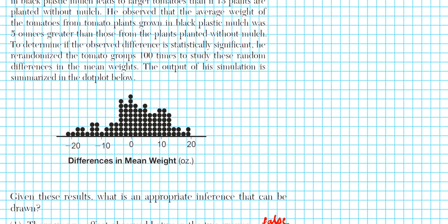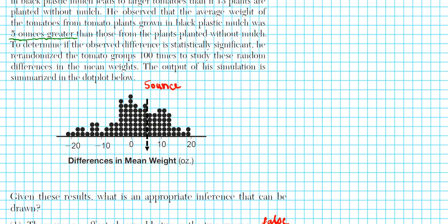If you take a look back at the question, the average was 5 ounce difference, 5 ounce greater. Okay, so let's go ahead and plot 5 ounce on our graph. It's the midpoint between 0 and 10, so that's 5 ounce right there.